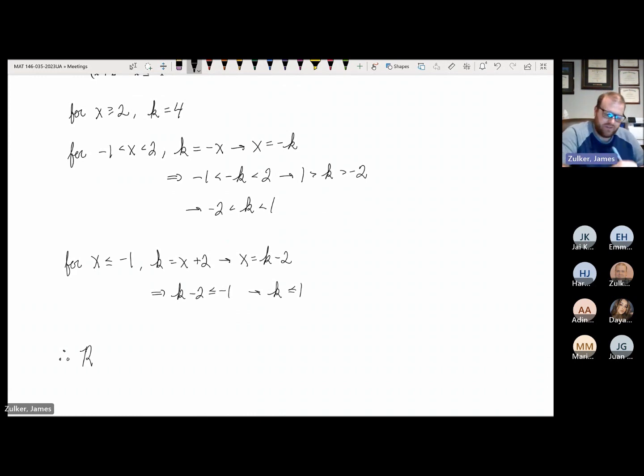The range is the union of these three sets. So the set 4, unioned with the open interval -2 to 1, unioned with, sorry, negative infinity to 1, closed at 1.